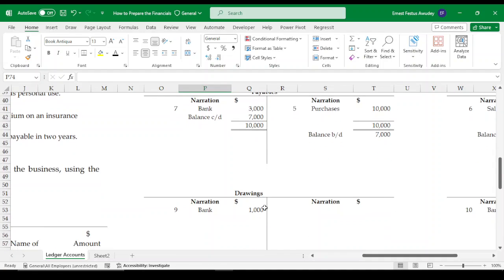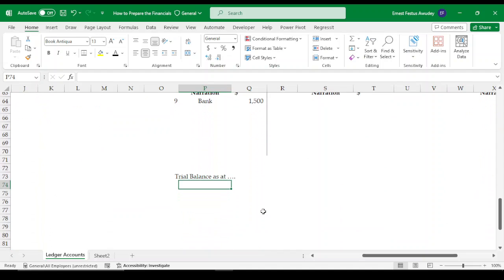Okay, so that is the purpose for extracting the trial balance. And then thirdly, the trial balance also serves as a basis for preparing the financial statements. So it is from the trial balance that we prepare the financial statements of the company.